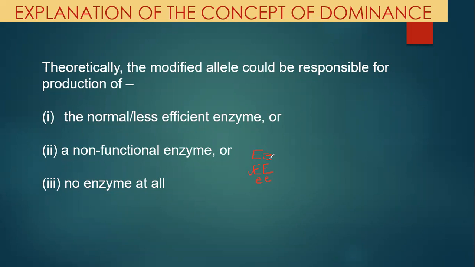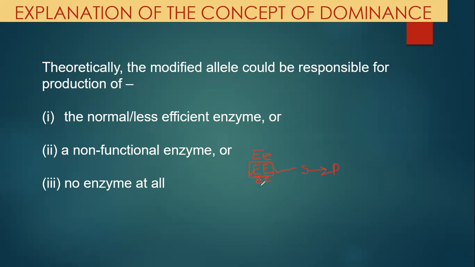So what will happen with this allelic pair? It is quite obvious this is the normal allele, so it will lead to the transformation of substrate into a product.